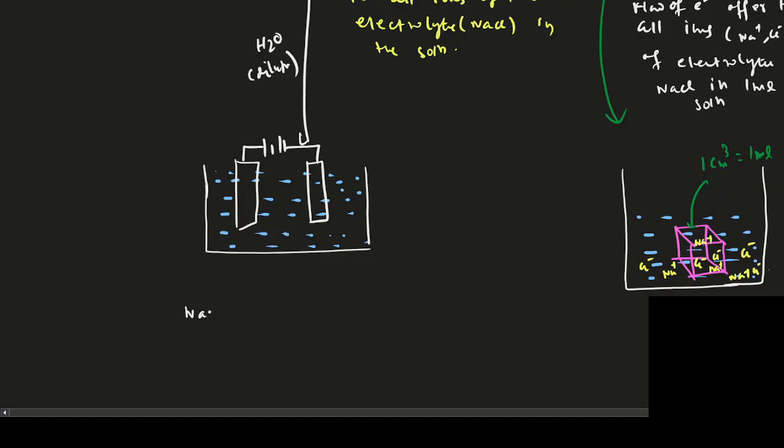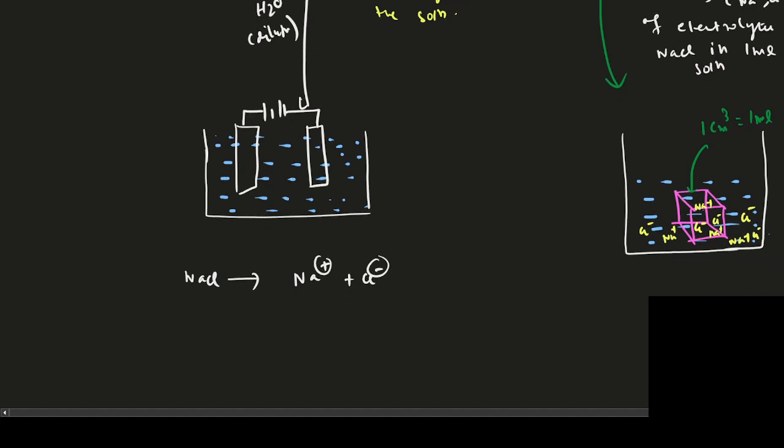This NaCl electrolyte is going to break into Na plus and Cl minus. After dissociation also, this Na plus and Cl minus have attraction. An electrostatic force of attraction is present.